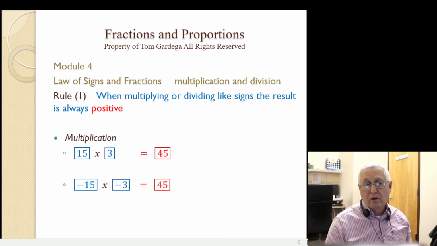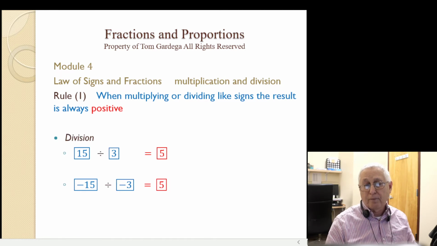For example, positive 15 times a positive 3 equals a positive 45. A negative times a negative, negative 15 times a negative 3, equals 45. Negative times a negative equals a positive. Positive times positive equals a positive.